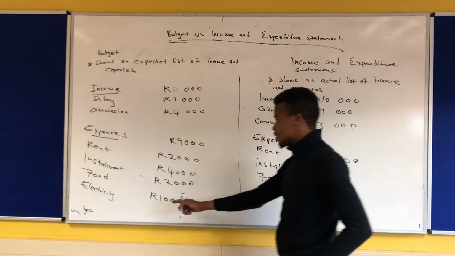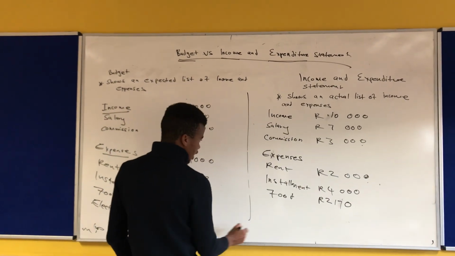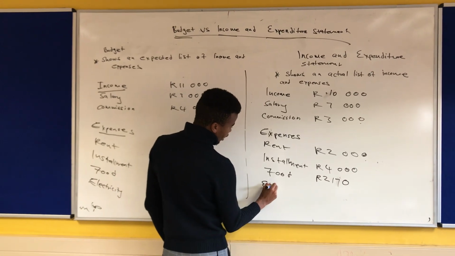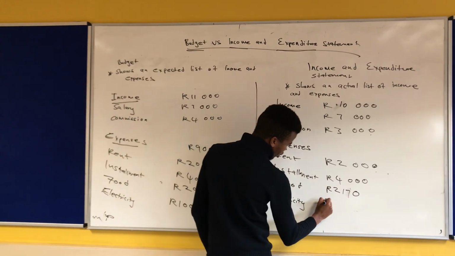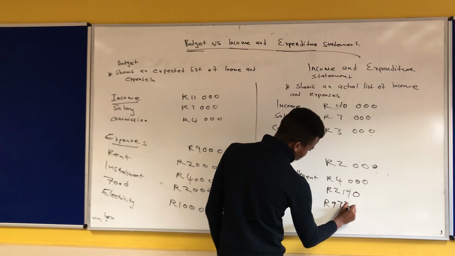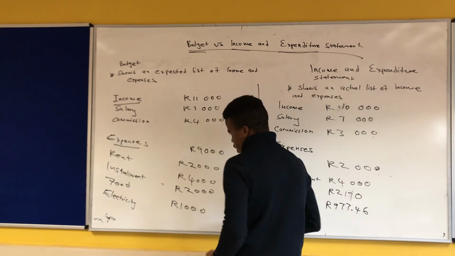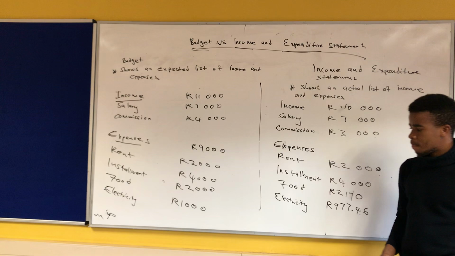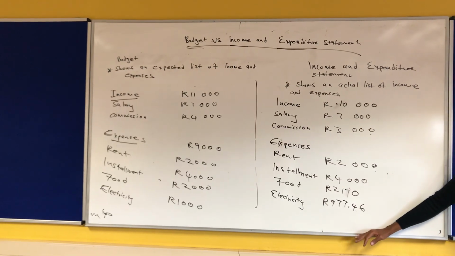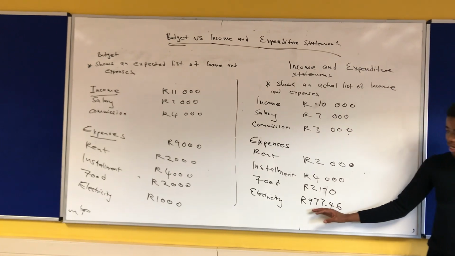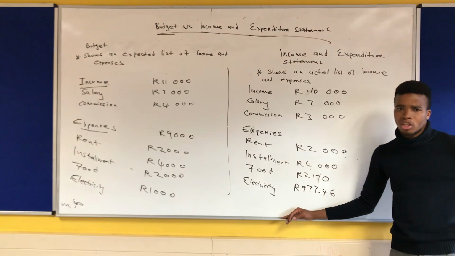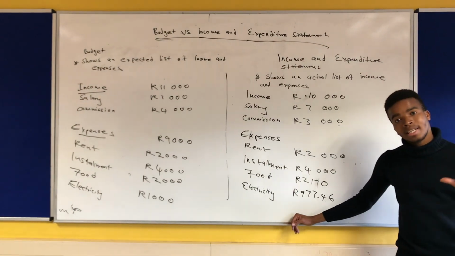For electricity, the person said I will spend 1,000, and here we see that electricity is 977.46. When you see something like this on an income and expenditure statement, while the budget said it's going to be 1,000, it is not because the person did not know or that they used less electricity.